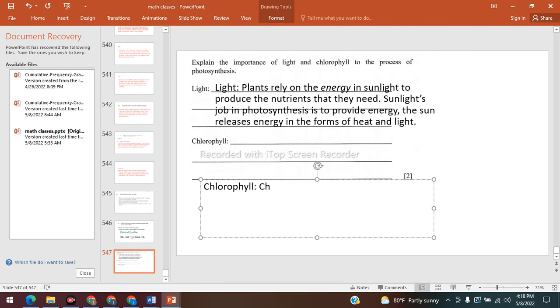So chlorophyll helps to channel the energy of sunlight into chemical energy.